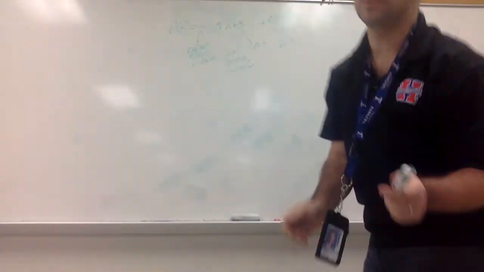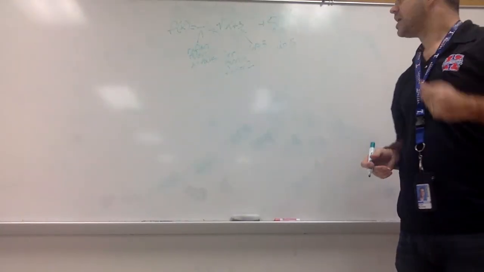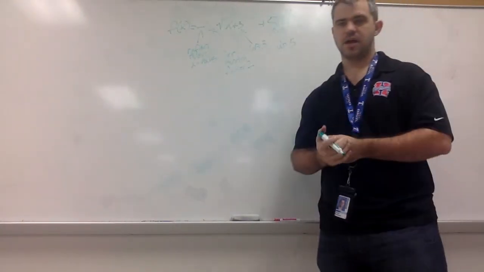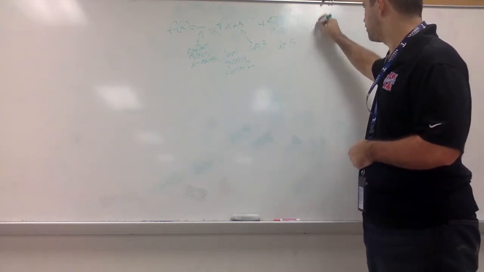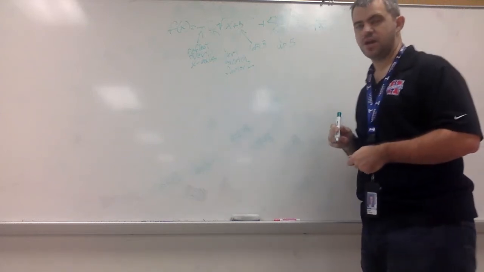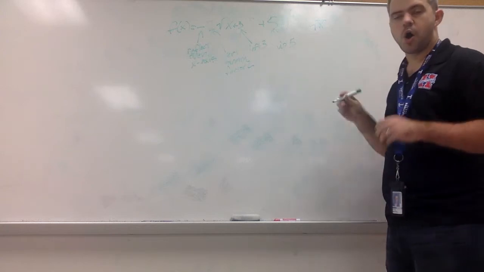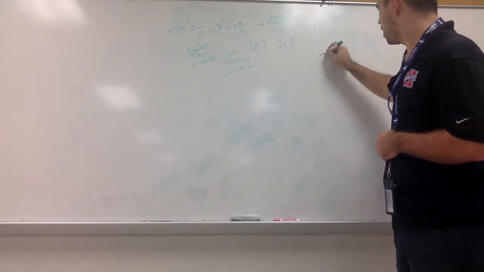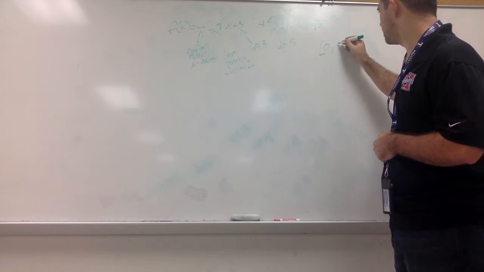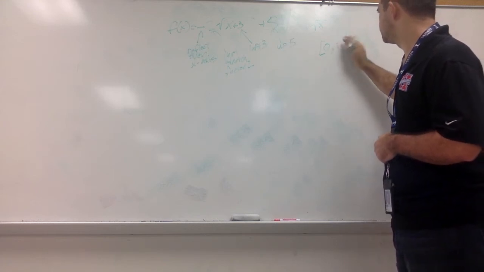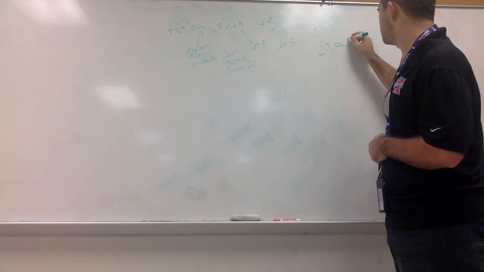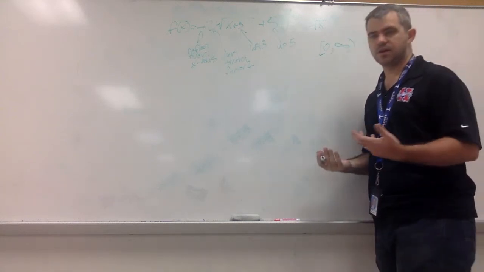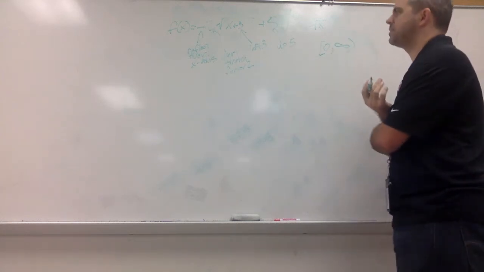Okay, now it wants our domain and our range. Now, normally, for our parent function, our domain would be only positive numbers and 0. So normally, our domain would be 0 to infinity. But let's look at what winds up happening here.